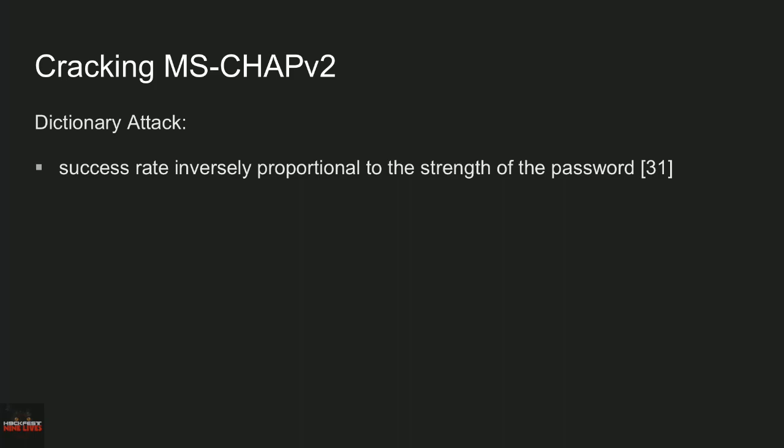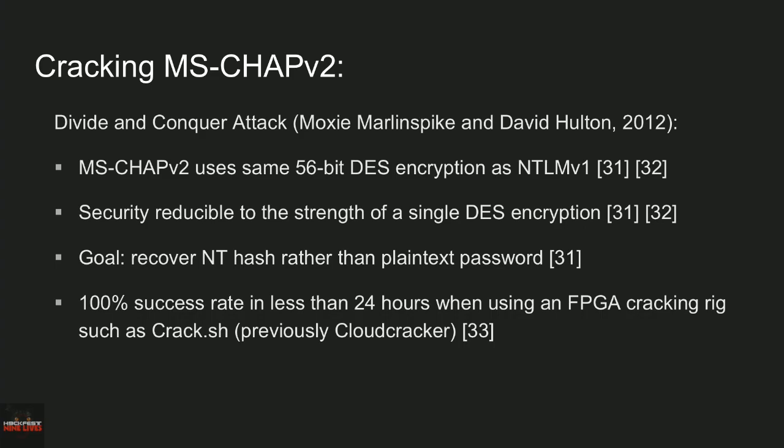Well, actually, we're in luck because MS-CHAPv2 is vulnerable to something called a divide and conquer attack. Two researchers named Moxie Marlinspike and David Hulton back in 2012 figured out that MS-CHAPv2 was very similar to 3DES, and you could reduce it to 56 bits of DES encryption, similar to what you can do with NTLMv1. Because of this, you can crack these very, very fast.